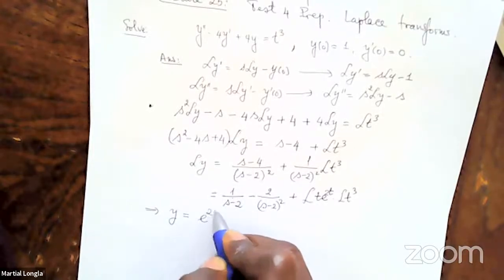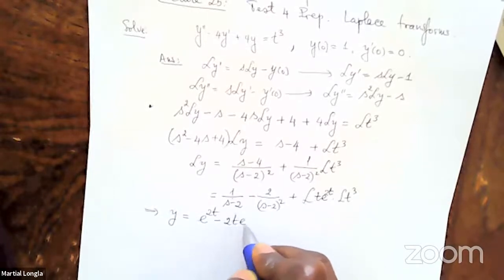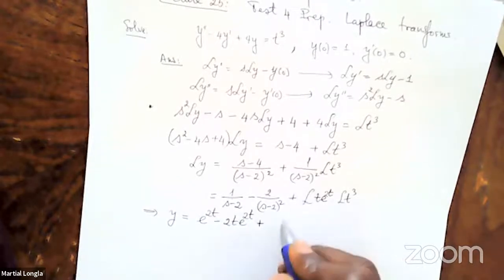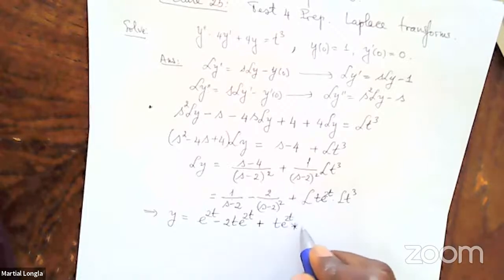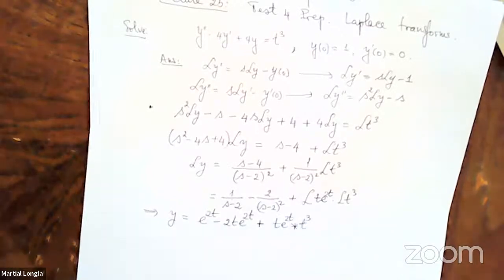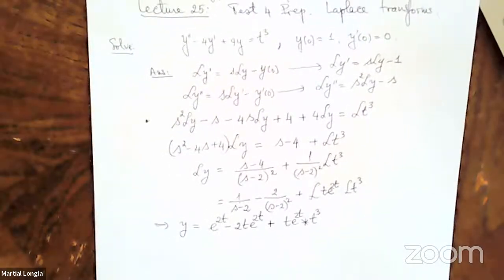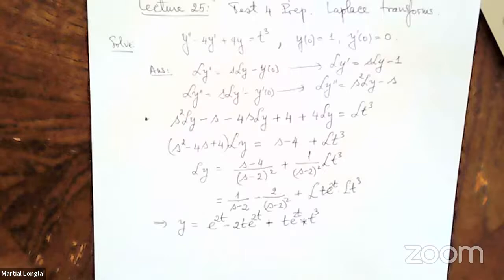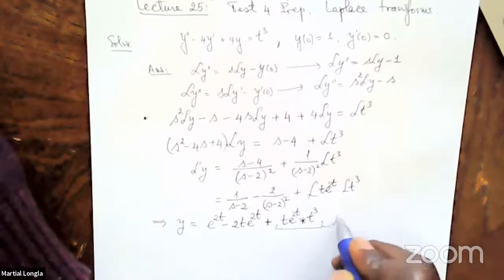This is e to the 2t minus 2t e to the 2t plus t e to the 2t convolution with t cubed. So what you need to do now is to write this convolution and compute.